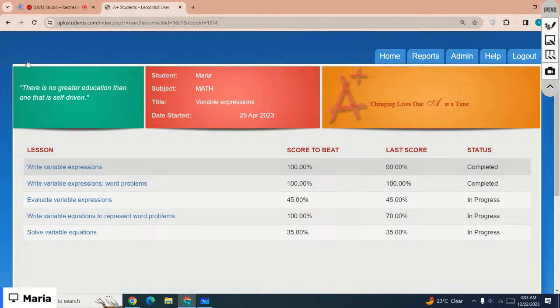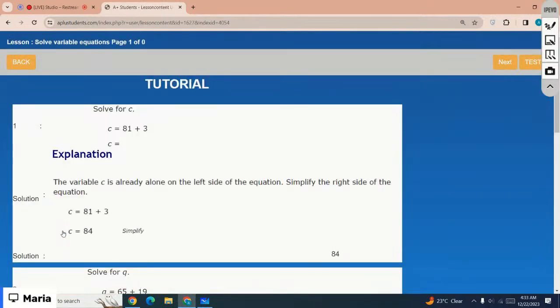Okay, the next one is solve variable equations. That is the last lesson from the chapter. Solve for C. You are given the expression C equals 81 plus 3.